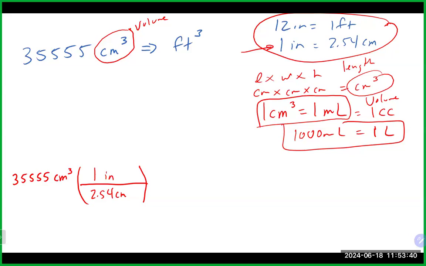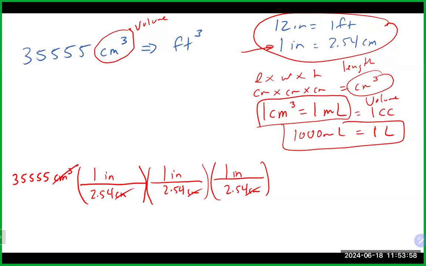I did not. You actually have to do this conversion not once, not twice, but technically 3 times. 1 centimeter, 2 centimeters, 3 centimeters is a cubic centimeter, which completely cancels out the cubic centimeters we started with. Up on top, we now have inches times inches times inches, which turns our top into cubic inches.